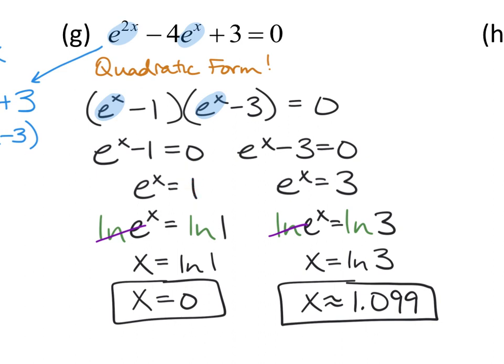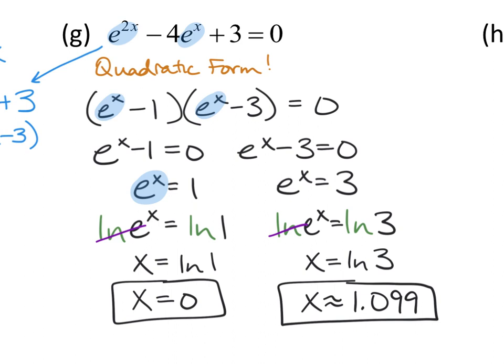Well, that is an isolated exponential expression, just like we were doing in the previous examples. So I would take the natural log of both sides and apply the different properties. Here, natural log of e is going to cancel out, so I'm just left with x. x is equal to the natural log of 1. I compute that in my brain or in my calculator, and we get x is exactly 0, because the natural log of 1 is 0.